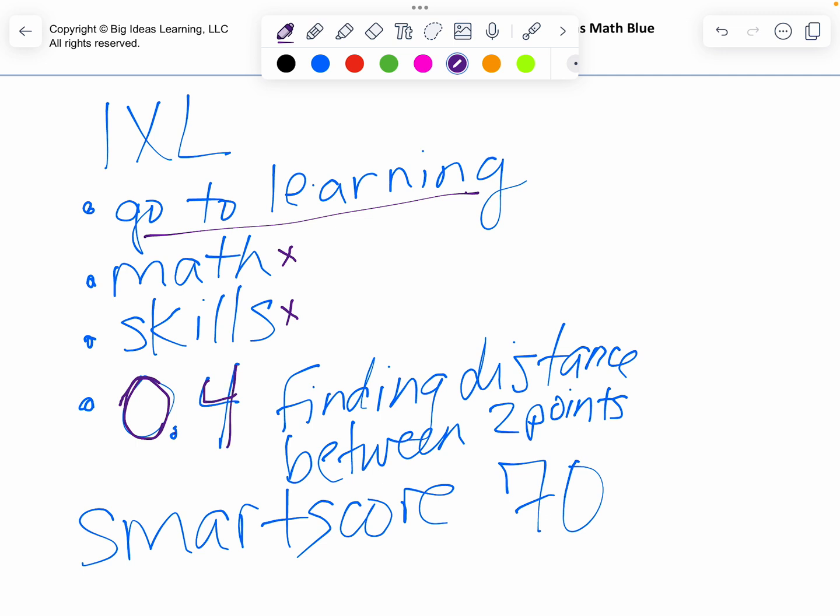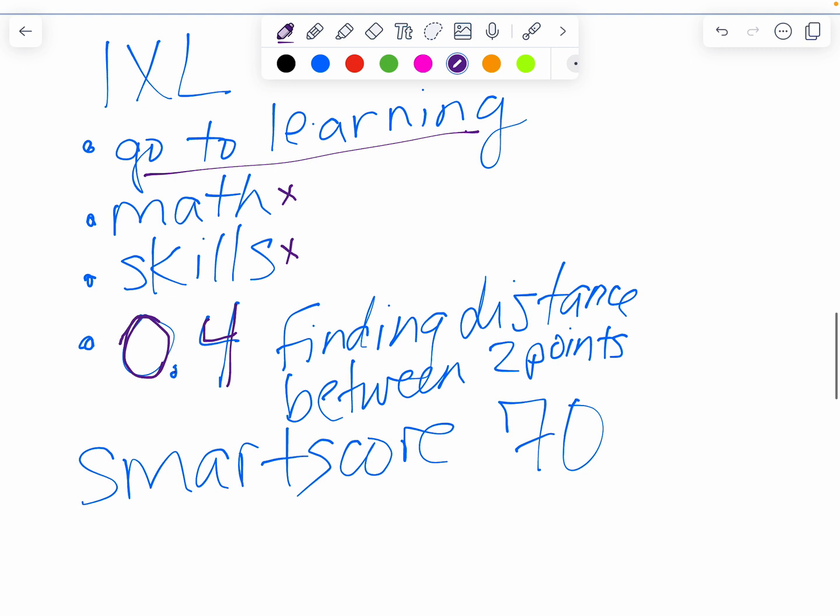Finding distance between 2 points. Under 8th grade. Your SMART score needs to get to a 70. You don't need a work page. I do recommend using the pen on the iExcel that they give you to draw your lines in your other dot.